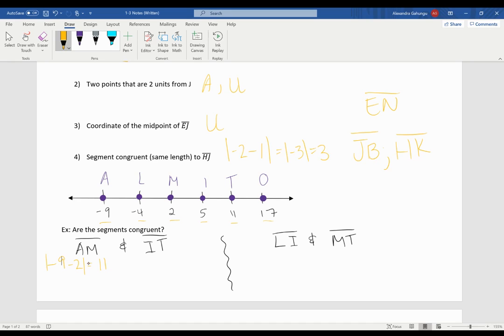And then IT, so from I to T, I'm going 5 minus 11, which will give me the absolute value of -6, which is 6. Since those lengths are not the same, that means no, these segments are not congruent.